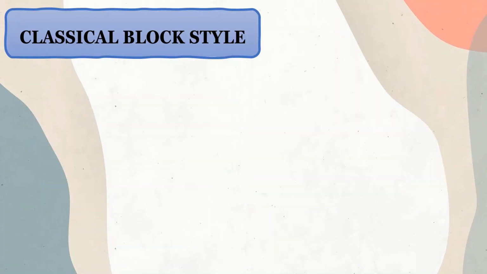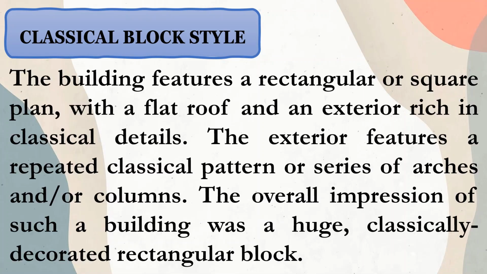Another architectural style is called classical block style. The building features a rectangular or square plan with a flat roof and an exterior rich in classical details. The exterior features a repeated classical pattern or series of arches and columns.